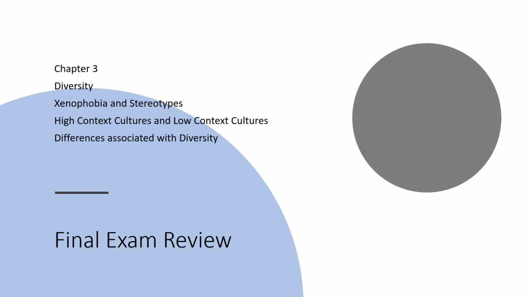Chapter 3 covers diversity and the different aspects encompassed in it. Diversity is a very big subject, but the key thing to focus on for the final is how to approach diversity and what the different types of diversity are. Also know the difference between high context cultures, a form of communication more dependent on nonverbal cues to convey meaning, versus low context cultures, defined by explicit verbal and written communication.